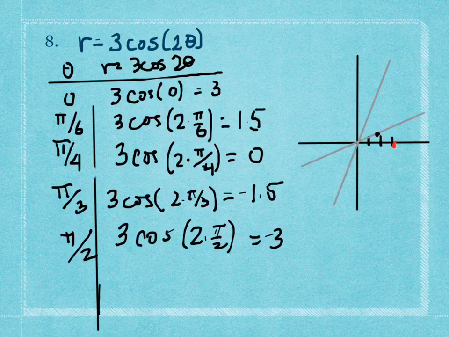There we go. At pi fourths, we're at 0, which would be back at the pole here at the beginning. At pi thirds, I'm at negative 1.5, which would be down here somewhere, more or less there. And then at pi halves, I will actually be at negative 3.